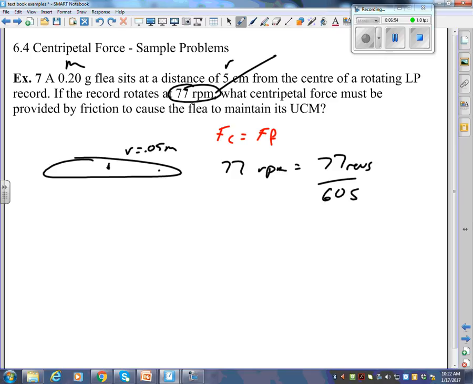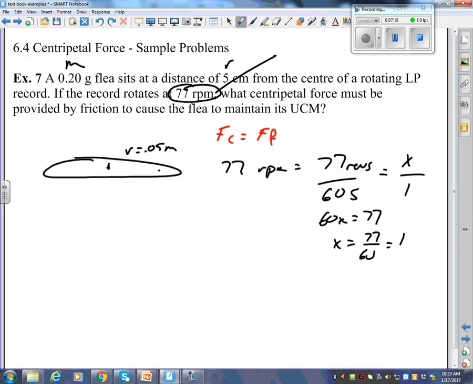Now, do you care if we have to get the frequency or the period? Frequency first. Okay. The frequency then is how many revolutions in 1 second. So cross multiply, put a 1 there, and you're going to get 60x is equal to 77. Oh, you know what? It's just 77 divided by 60, isn't it? 1.28.